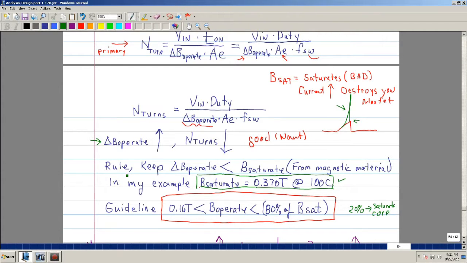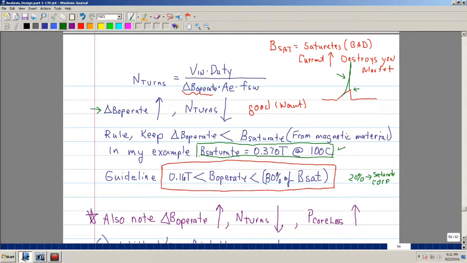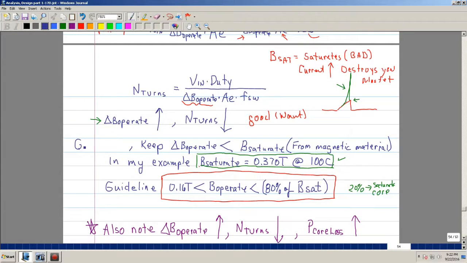So then how do you set this? I'm going to give you some guidelines or rule. Let me, instead of a rule, just a guideline. You want to vary or keep your delta B operate, it has to be, well, you know what?